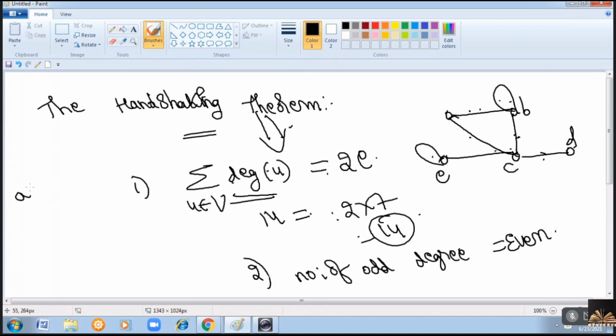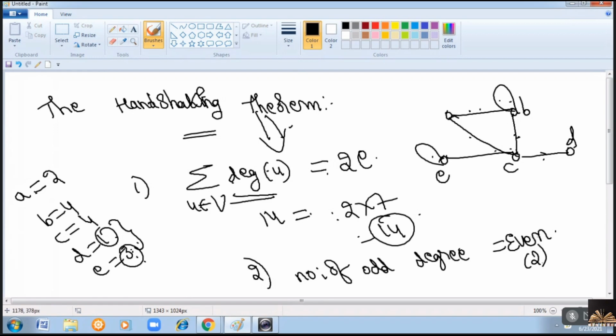So, how many vertices do we have where the degree is odd? What is the degree of A? It is 2. And the degree of B is 4. Degree of C is 4. D is 1. E is 3. So, here we have 2 vertices with odd degree.